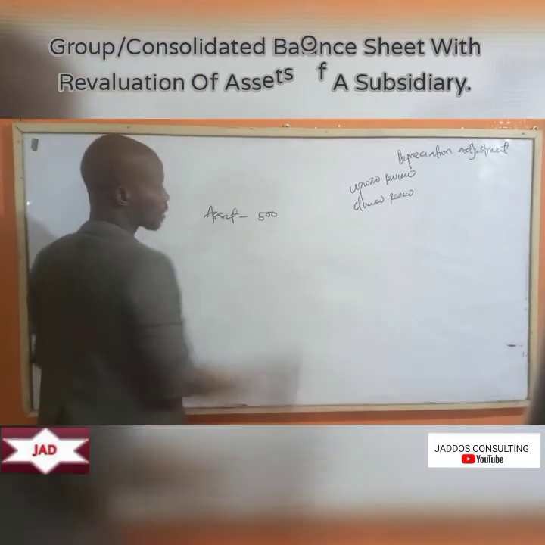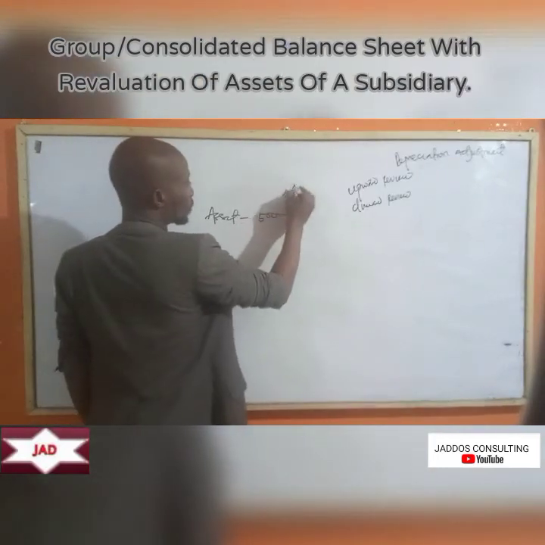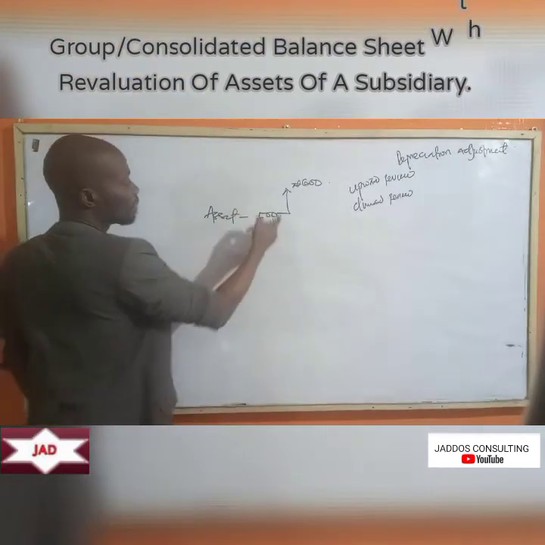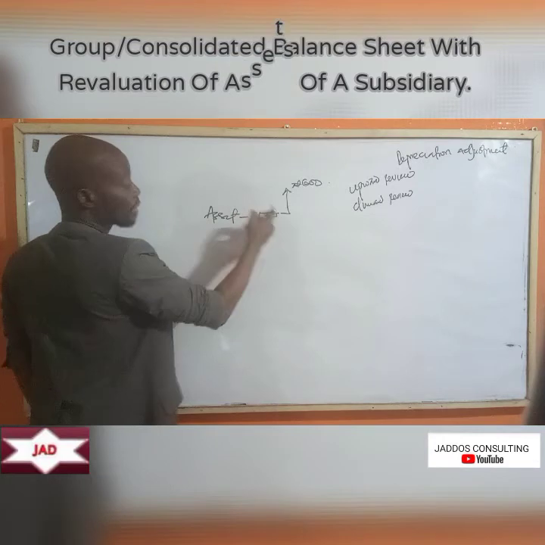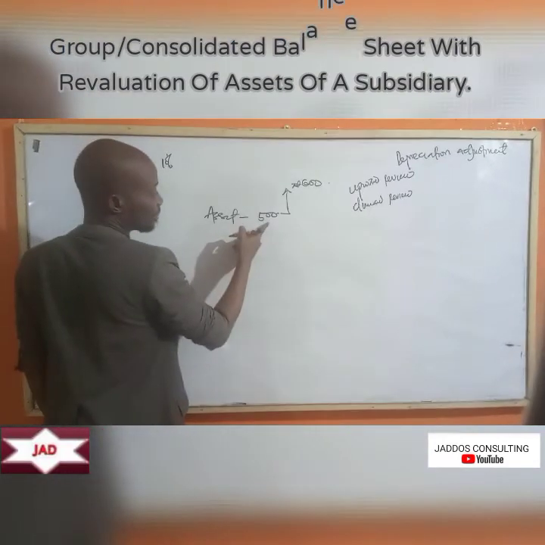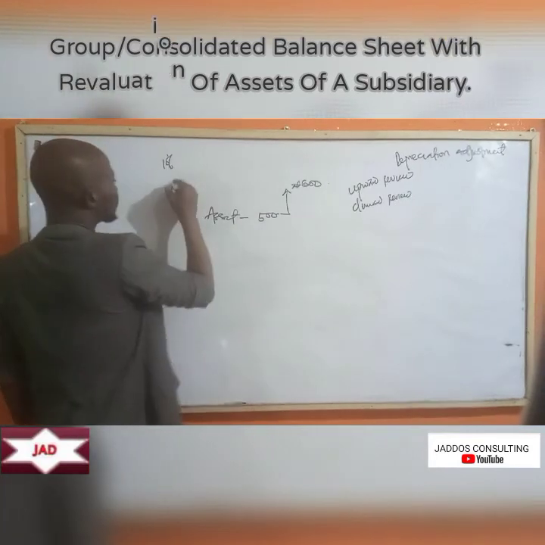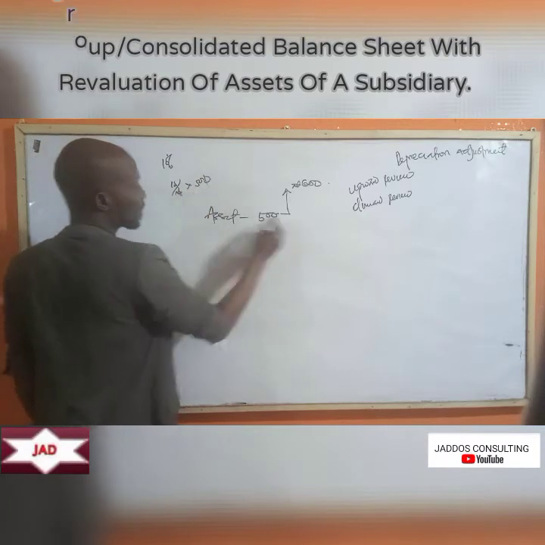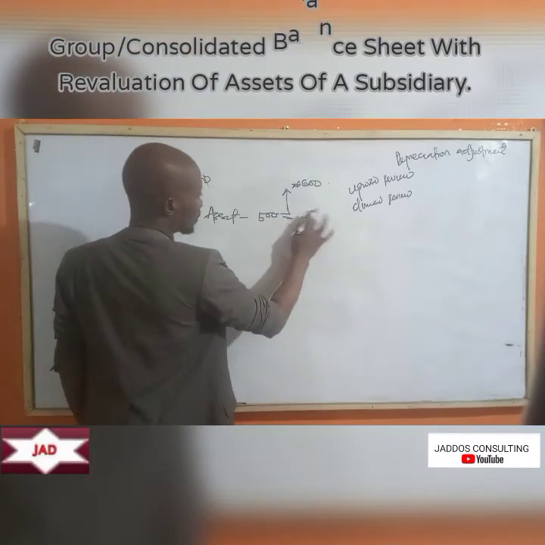500. Now you review upward to 600. Remember that you've been depreciating based on 500. So let's say depreciation is 10%. So 10% of this here is 10 over 100 times 500, that's 50 naira per annum.